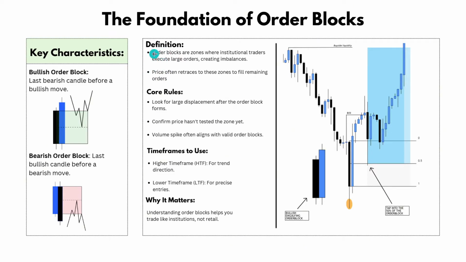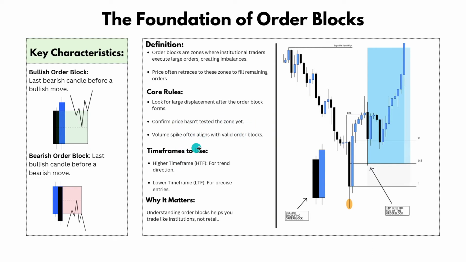The definition of order blocks is that they are zones where institutional traders execute large orders, creating imbalances. Price often retraces to these zones to fill remaining orders. The core rules for order blocks are that we look for large displacement after the order block forms, then we confirm that price hasn't tested that zone yet, and then we often look for volume that aligns with the order block.